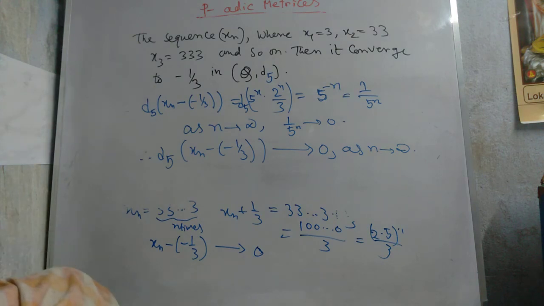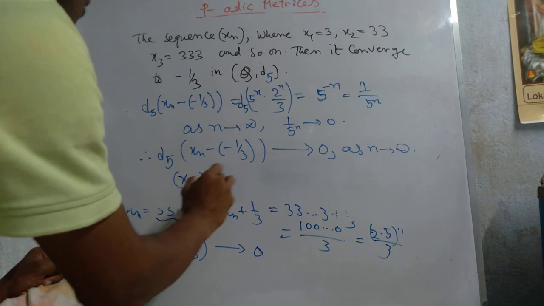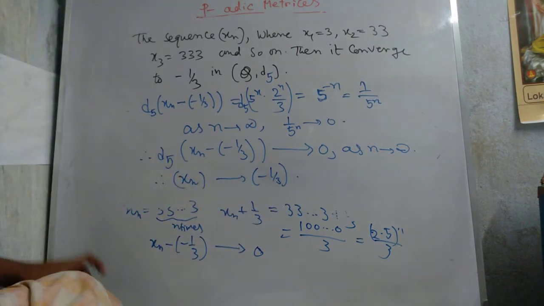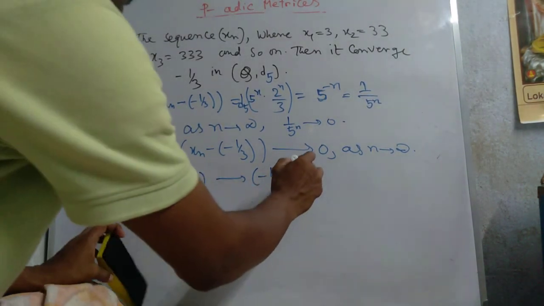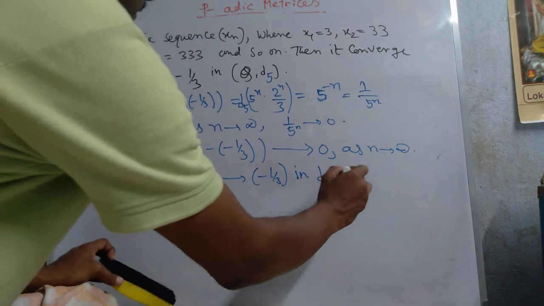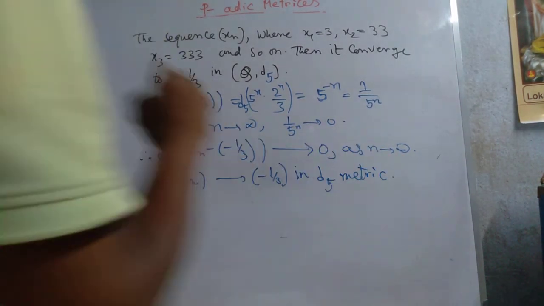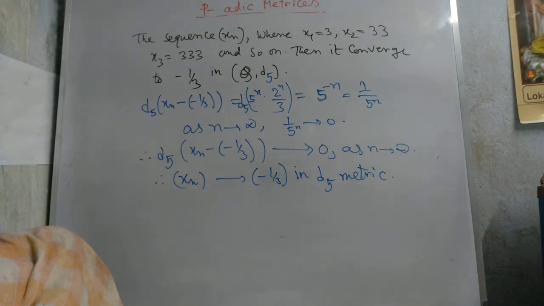Then this x_n converges to -1/3. Understand? But this is in the d_5 metric. Under the d_5 metric, this sequence converges to -1/3. So today we stop here.